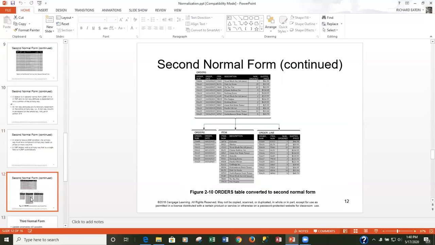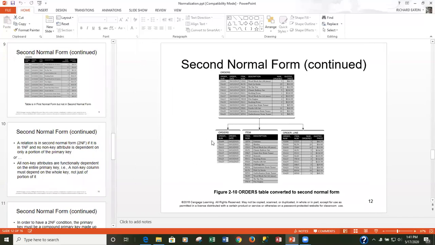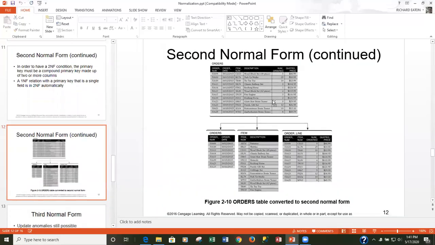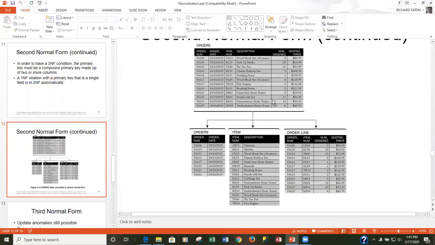This is the actual solution here for a second normal form, and it looks a bit complicated. And I think what I'm going to do is end this video here at second normal form violation, because it's getting, I think, to be a bit long.